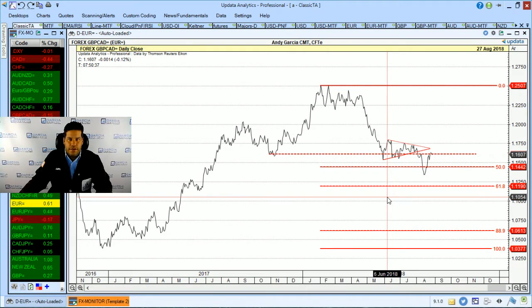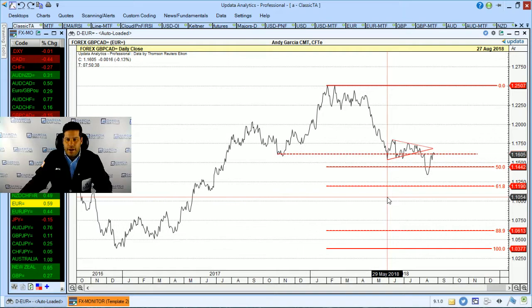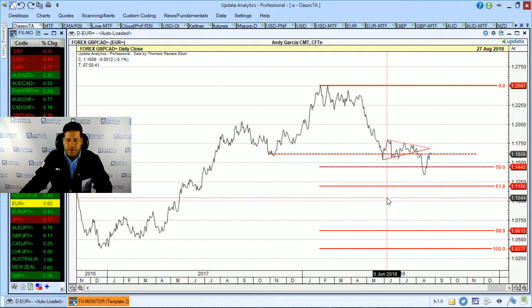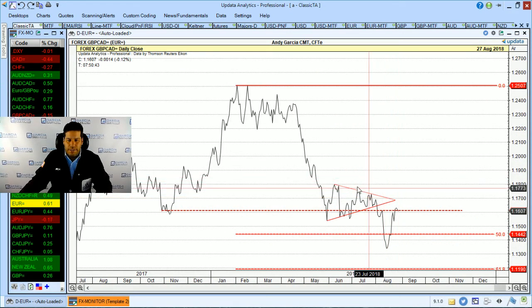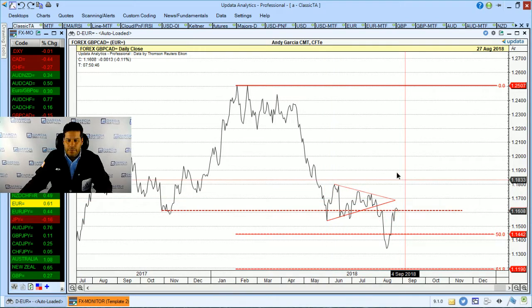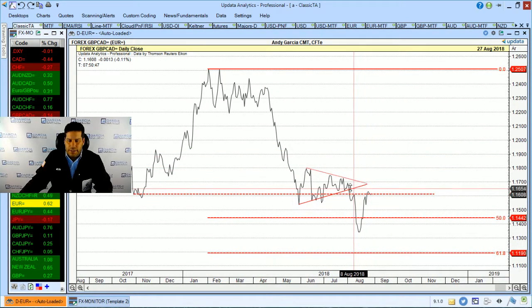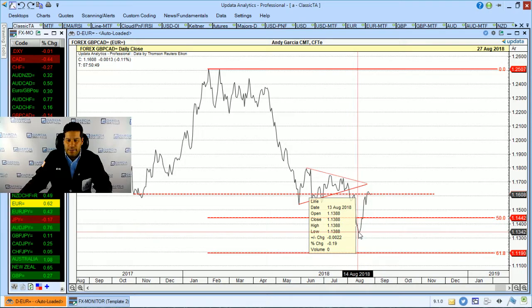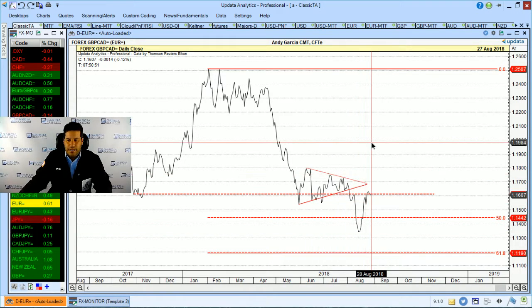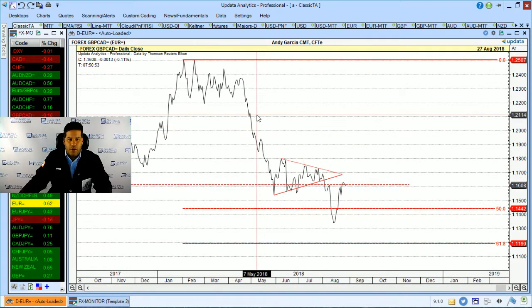Okay, so here's the euro. Now the euro had this interesting formation, this triangle where we broke out. The expectation here is that this market was going to move to the downside, and in fact we did hit our target.